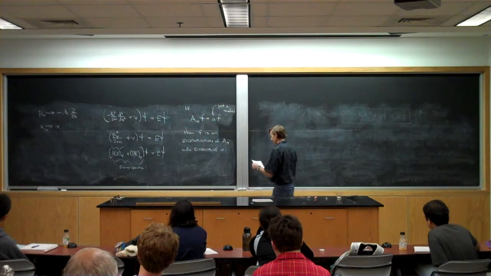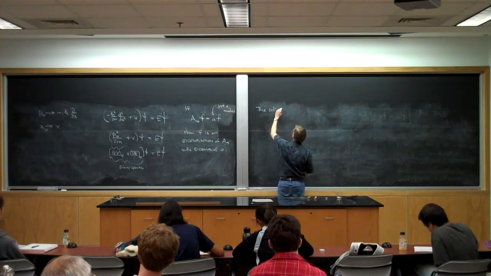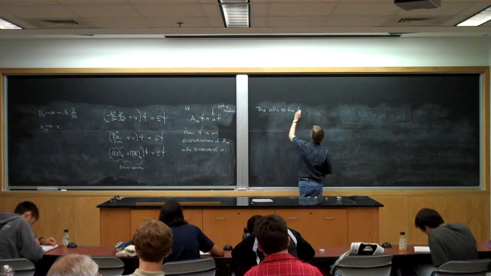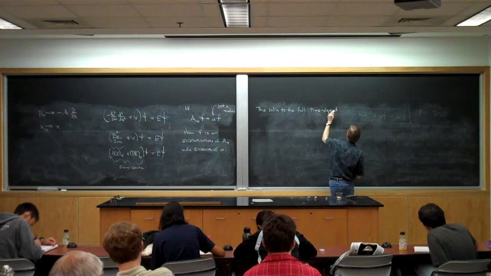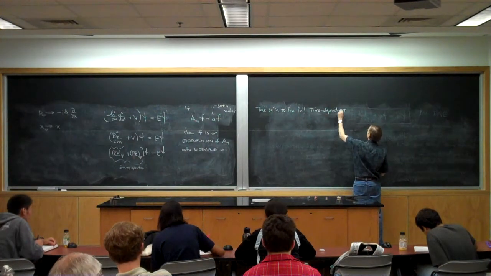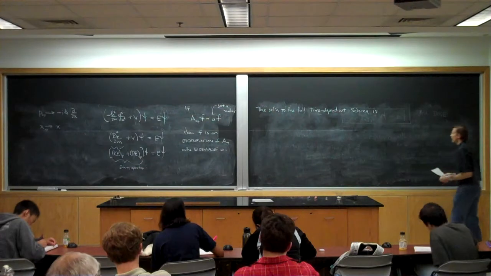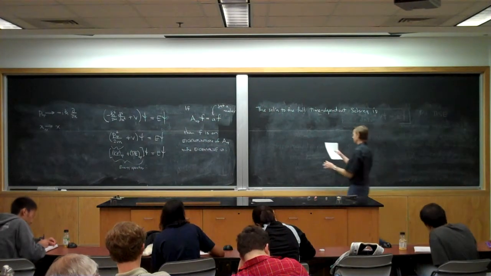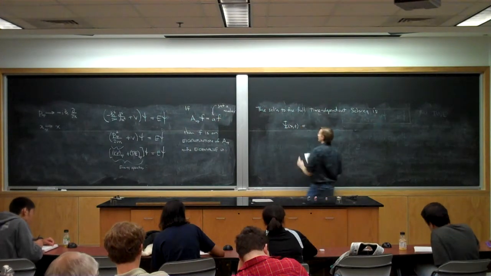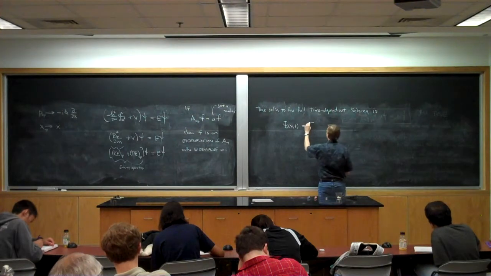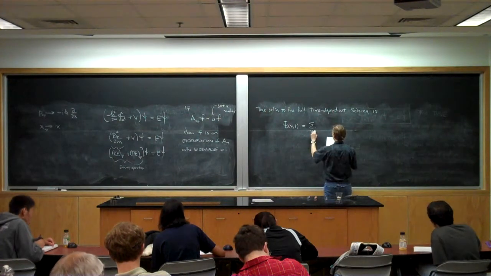And so the idea is that the solution to the full time-dependent Schrödinger equation, the one with the i h bar d psi dt in it, big psi of x and t is a sum over all possible values of n.